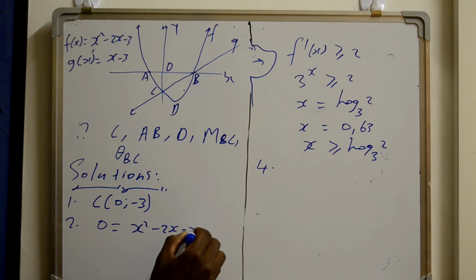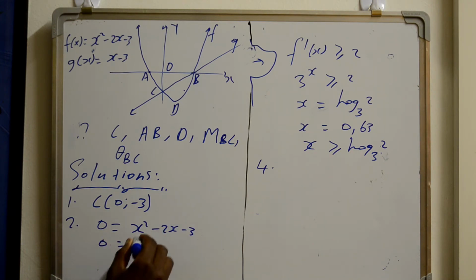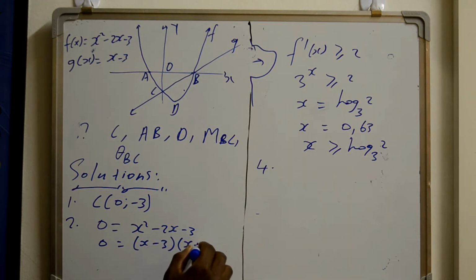Then you solve for x. You know how to factorize. So this will be (x minus 3)(x plus 1). Then your x becomes 3, and your x becomes -1. So the coordinates of A are (-1; 0), and the coordinates of B are (3; 0).